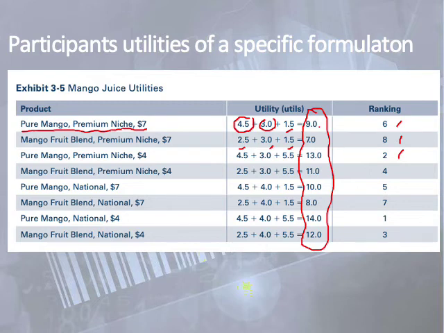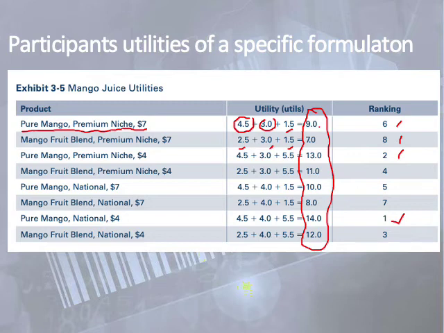Let's see if they are the same. In this computation, the most preferred by your participant is the pure mango national brand offered at $4.